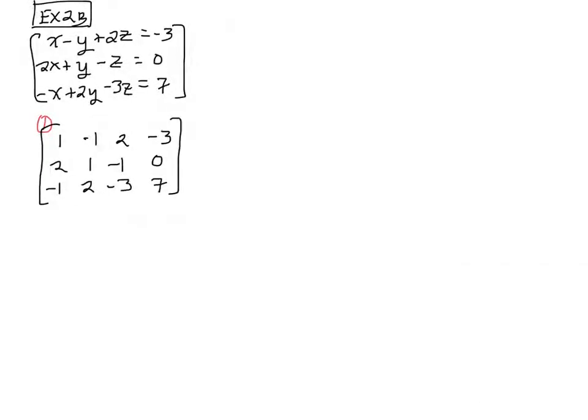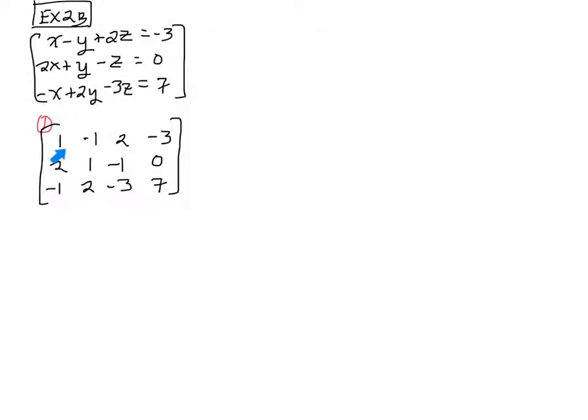So then we have to decide what we're going to do to this column. We've got the 1 that we want, but we need to get rid of the 2 and the negative 1. So we're going to start here at the 2, and we want to make that a 0. So I could either multiply this row down here by 2, so that that's a negative 2, and add to the second row to get 0.